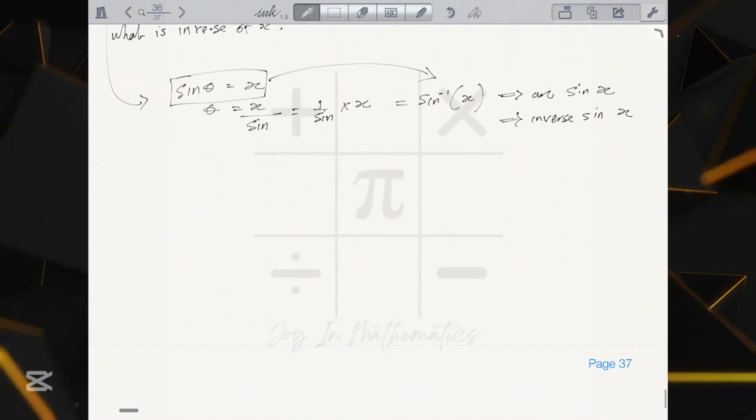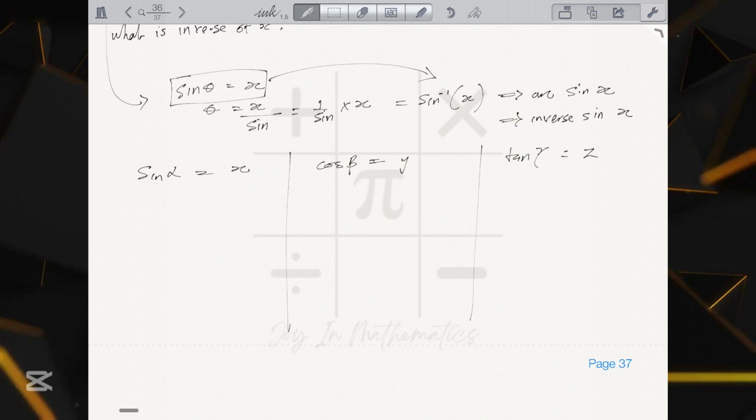So let's take a quick recap now. With this understanding, let's analyze it together. Remember, we have sine theta is equal to x. We had cos theta is equal to y. And likewise, we had tan theta is equal to z. Or let's change it: sine alpha, cos beta, and tan gamma.